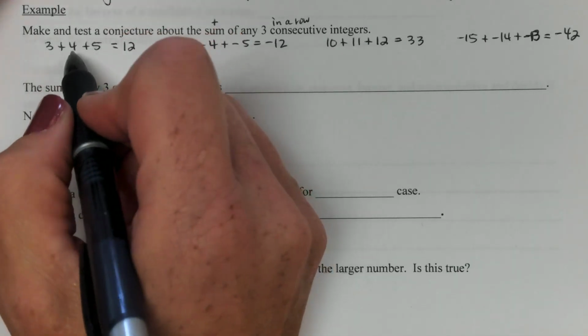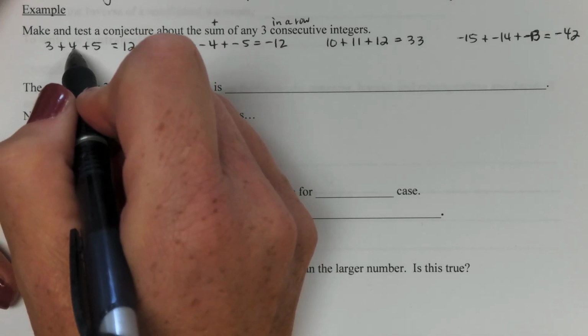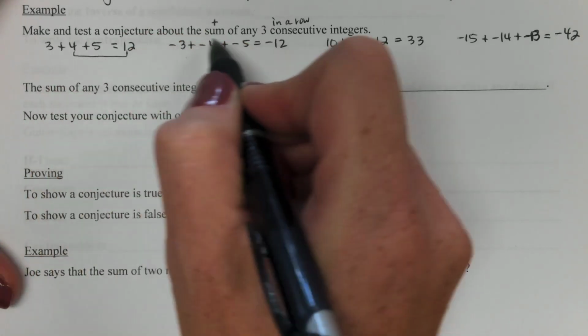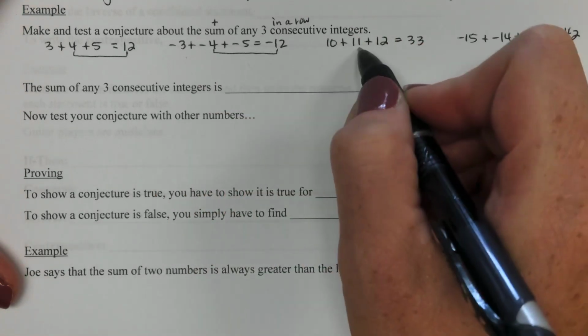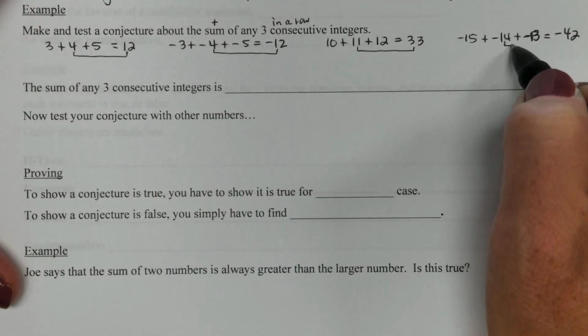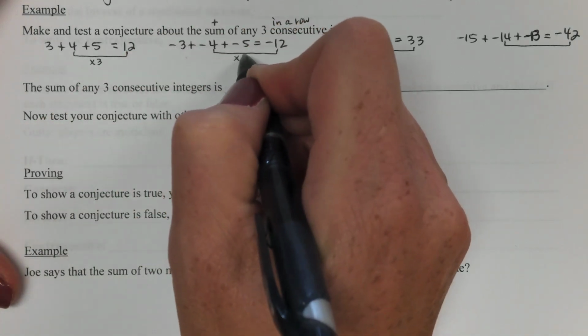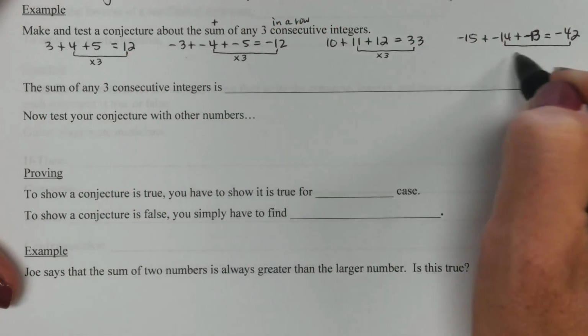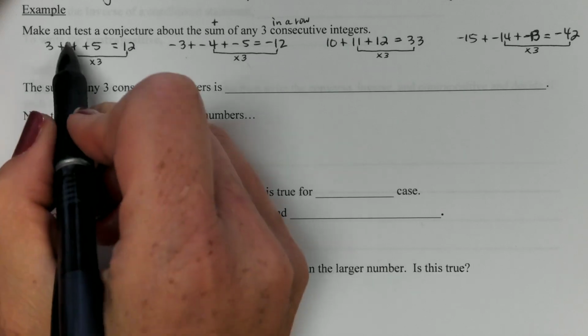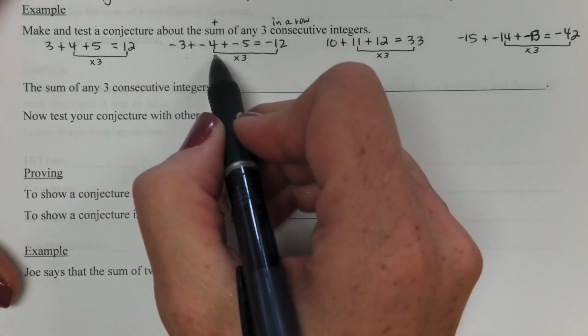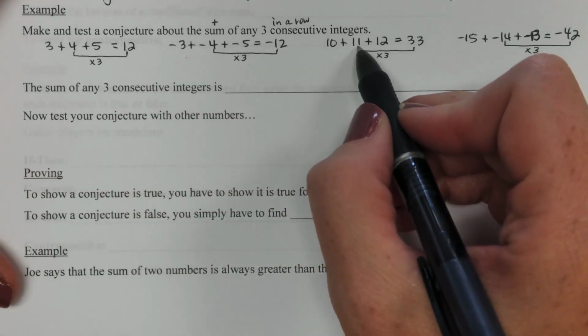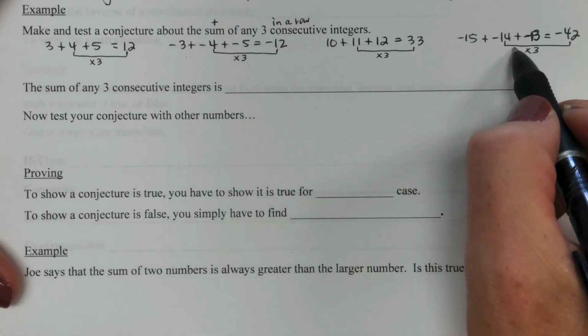And then I started to notice between the middle term and the last one, if I simply multiply by 3 each time, I was getting the answer. So 4 times 3 was 12, and negative 4 times 3 was negative 12, and 11 times 3 was 33, and so on.